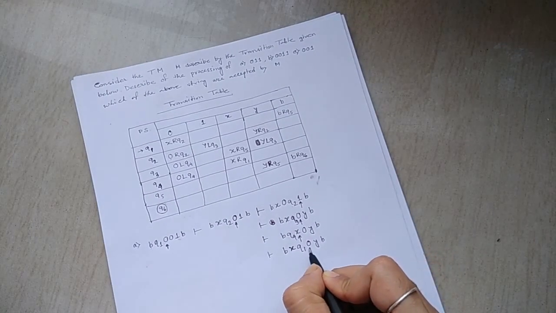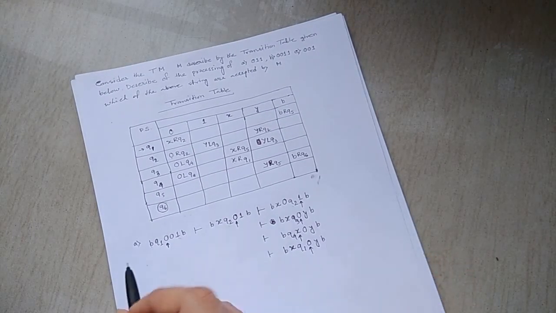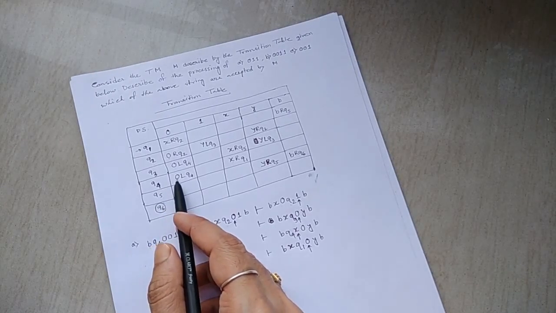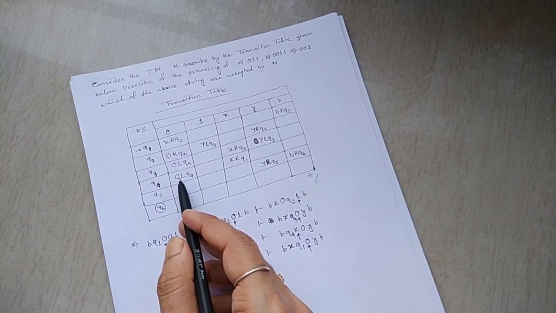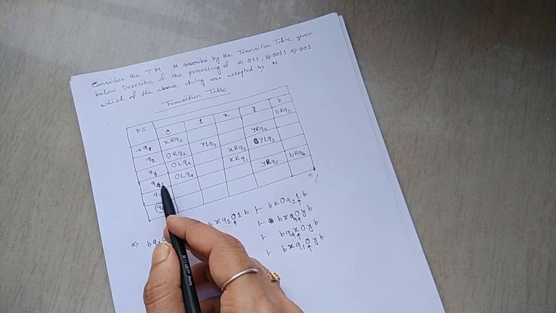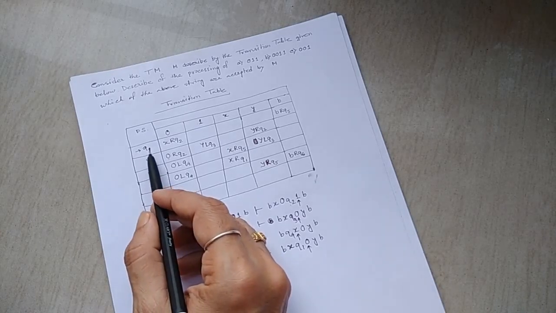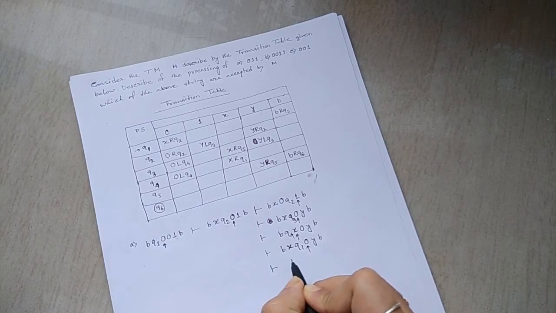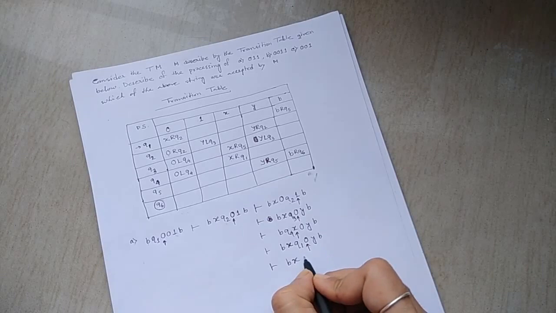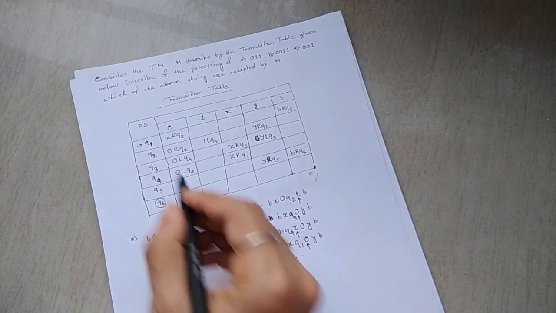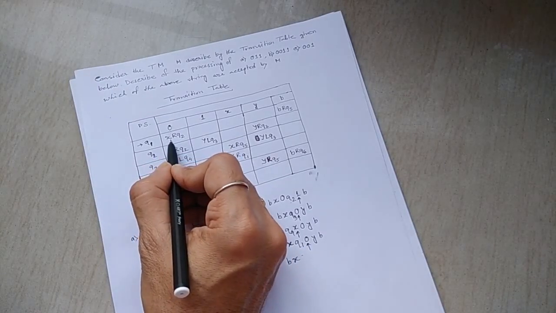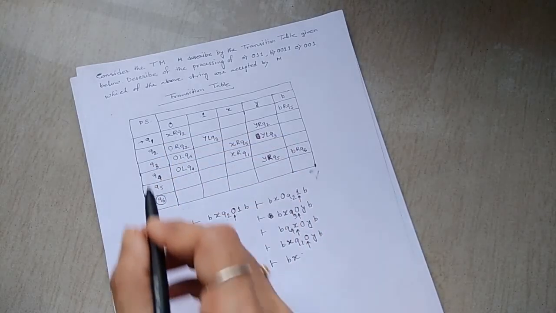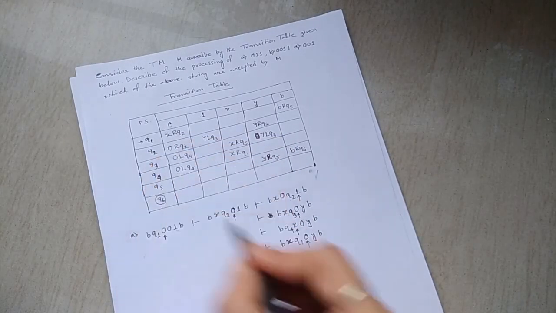We are reading after the state, so that is 0. At Q1 we are reading 0, so 0 will be replaced by X, and the read head will move towards the right side.